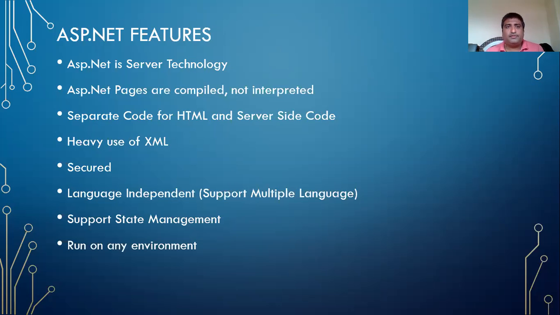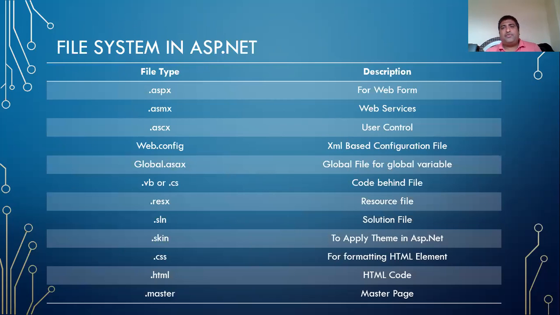Let's move forward. The different file types that we are using in ASP.NET. First one, ASPX. It's a web form that we have created. The file extension is .aspx. .asmx is for web services, that we can create using ASP.NET, and its file extension is .asmx. .ascx is used to create user controls.